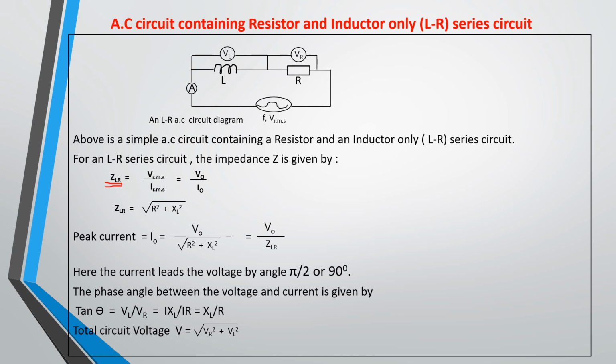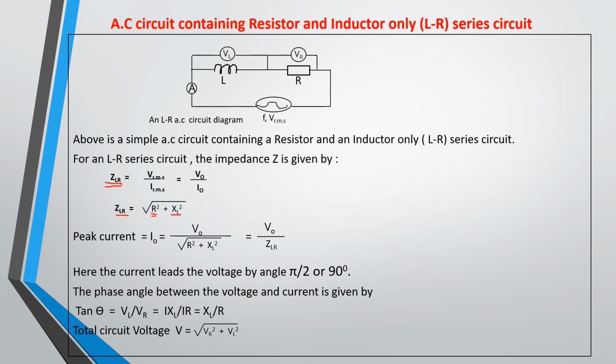So the impedance of this particular circuit, Z_LR, is equal to the square root of the sum of the squares of the resistance and the inductive reactance of the inductor. XL is inductive reactance, and R is the resistance of the resistor.